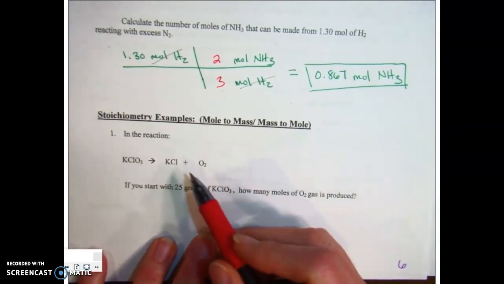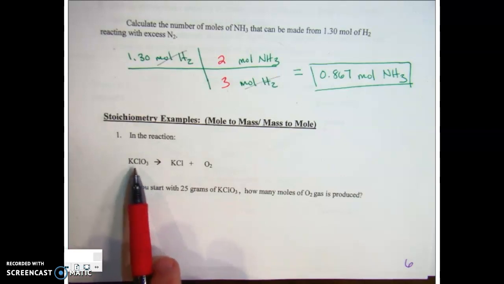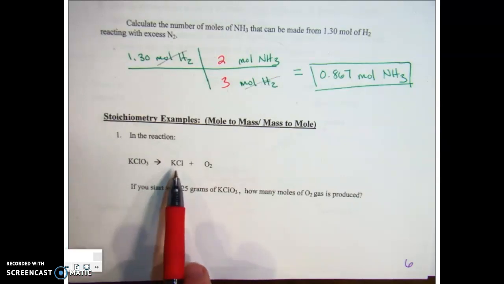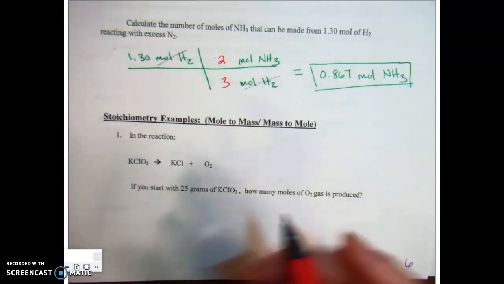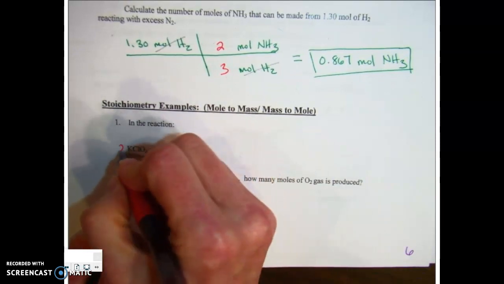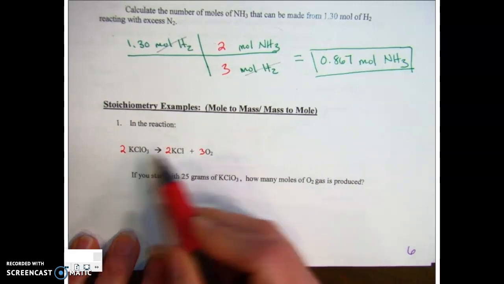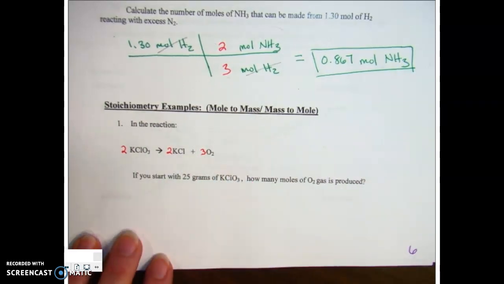We have this reaction of potassium chlorate, and it's going to decompose. Hopefully you recognize that decomposition, and it's going to decompose into potassium chloride and oxygen. So the first thing you need to do is balance this equation. You're going to put a 2, a 2, and then a 3. And you can do the math and check, and all your atoms are equal on each side.